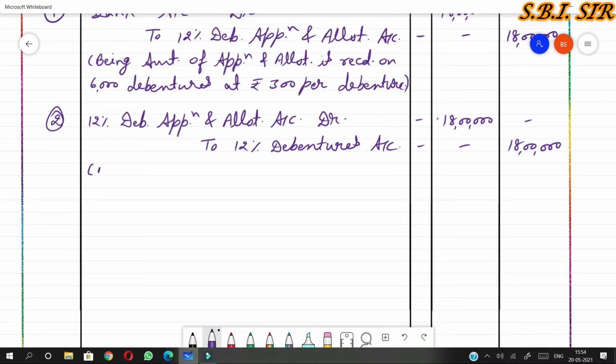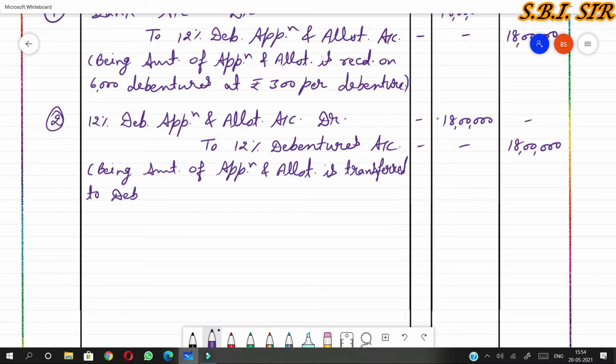Narration being: amount of application and allotment is transferred to debentures account.